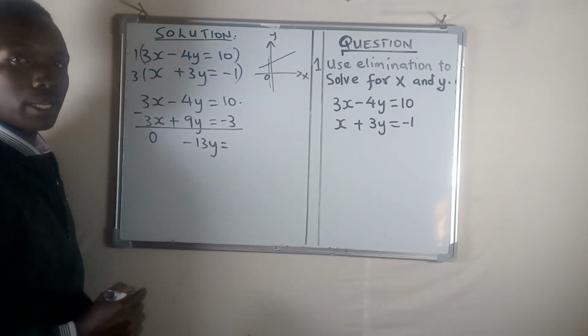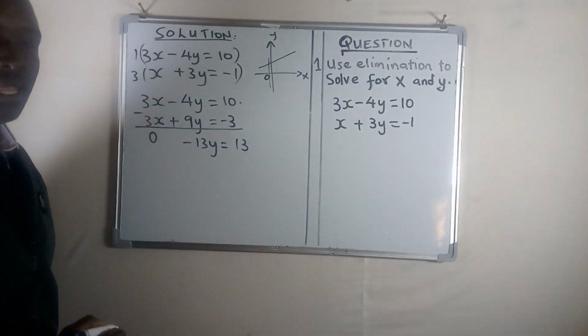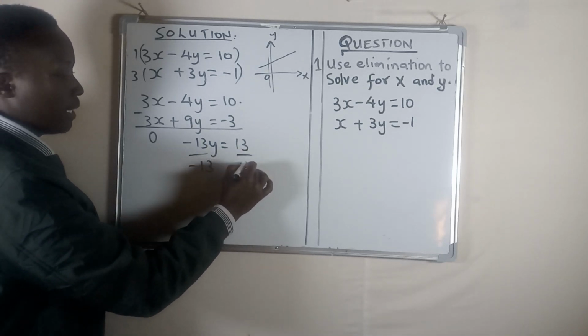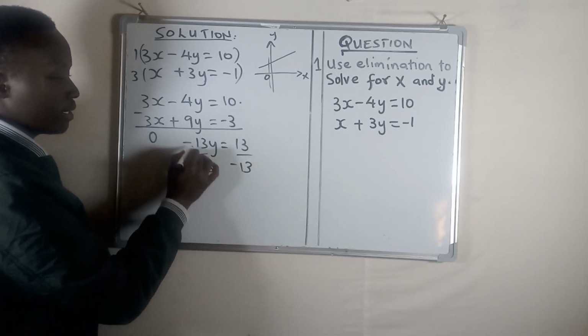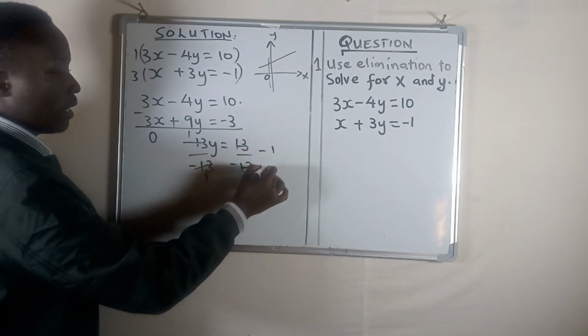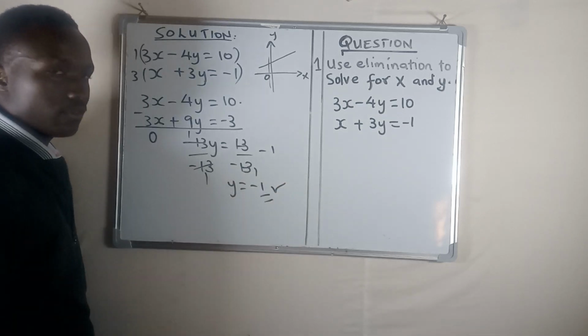Minus and minus becomes plus, and we are going to have 13. So for us to determine the value of y, we are going to divide both sides by -13. And once we divide by -13, we get the value of y as -1.